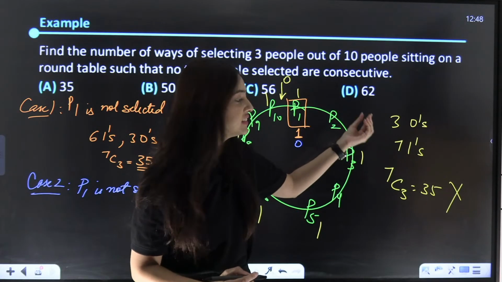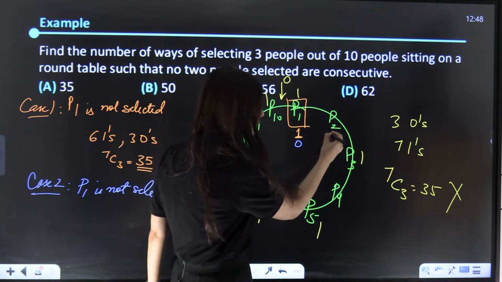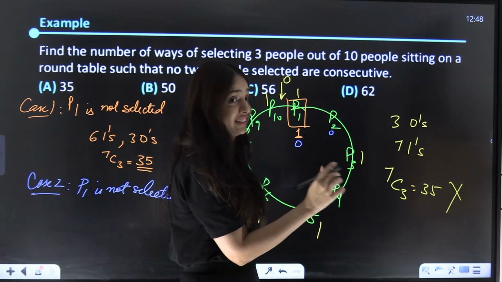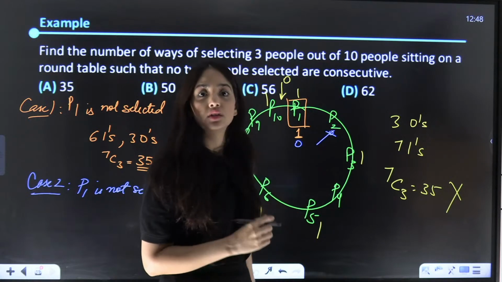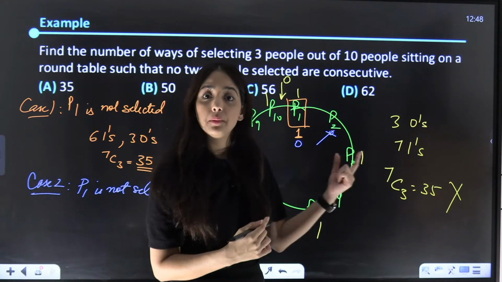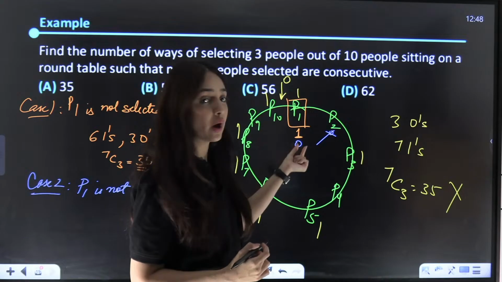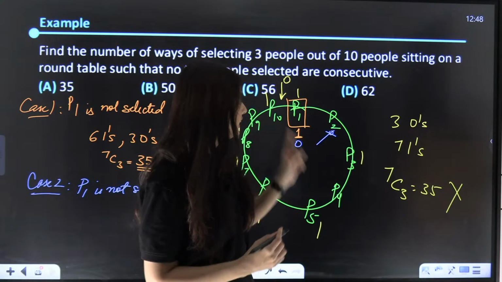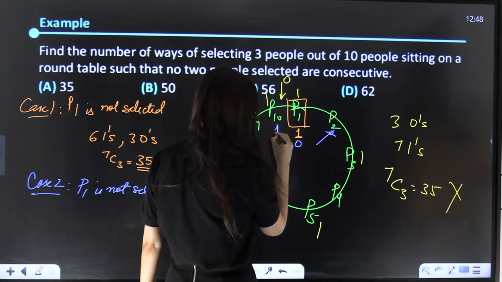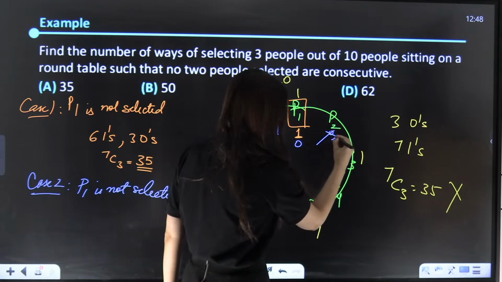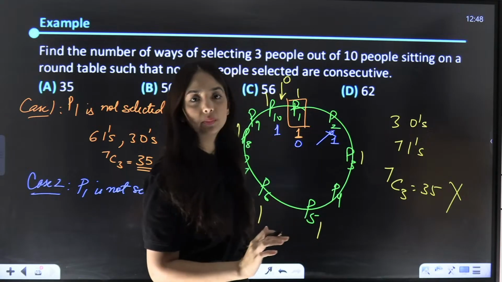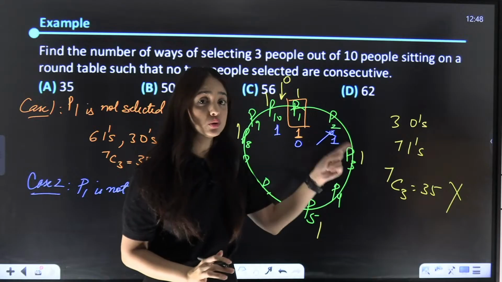If we arrange 7 ones and 2 zeros, it is possible that we get a 0 here. That is not possible. So we have to impose the condition that adjacent to this P1, P2 and P10 cannot be selected, which means P10 will be a 1, P2 will also be a 1.